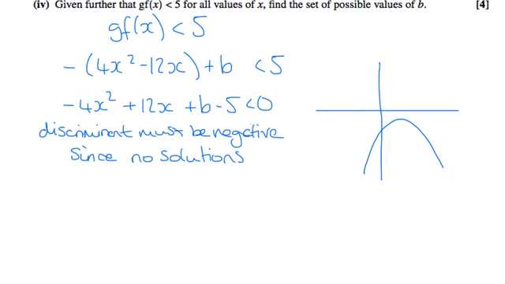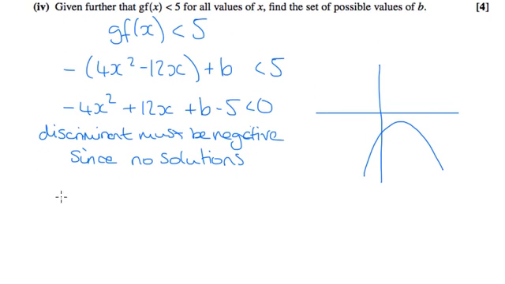So if we work out the discriminant, which will be b squared, so 144, minus 4 lots of a, which is negative 4, and c, which is b take 5, because we have no solutions, that needs to be negative.